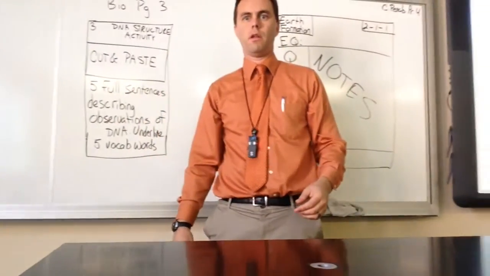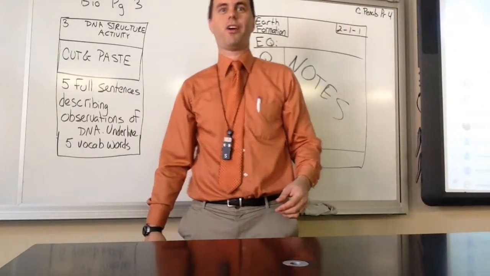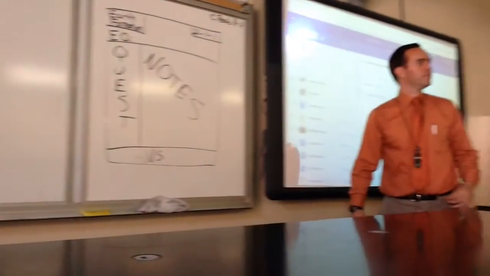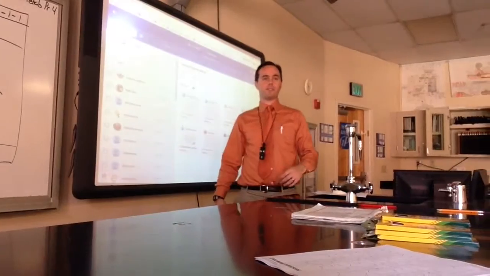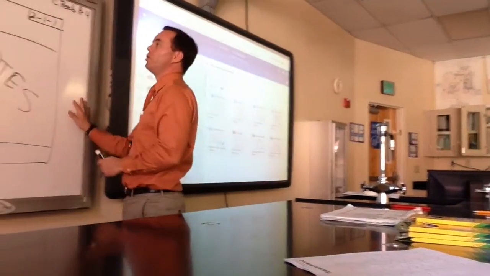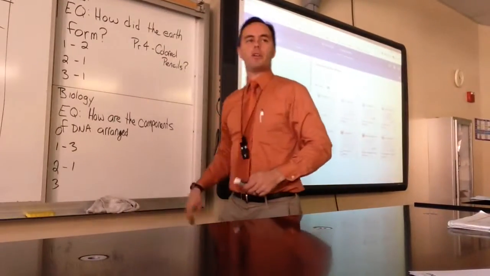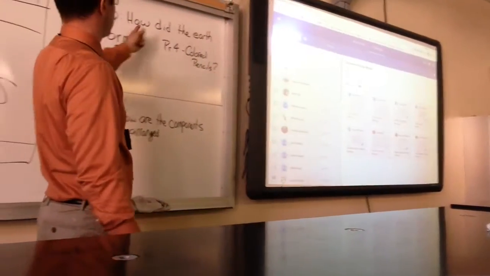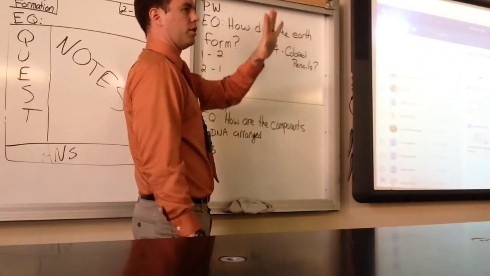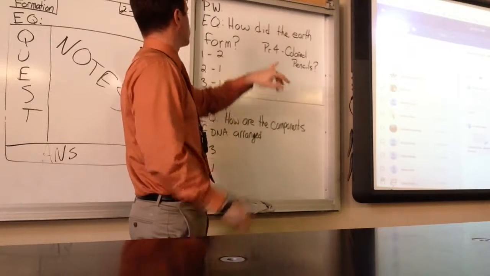I'm going to move this so it can get my face, with any luck. Okay, I was just checking. So the essential question is what's going to go here. And whenever you come into the class, your essential question will be right here. It's the EQ. I'll tell you what it means and how to use it in a second.